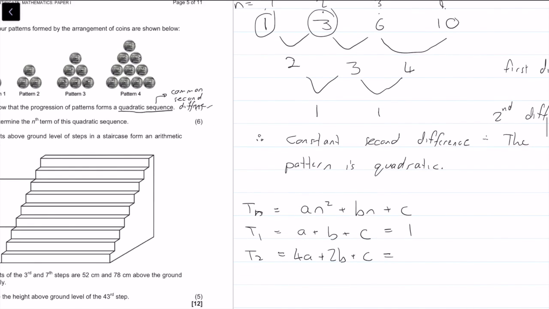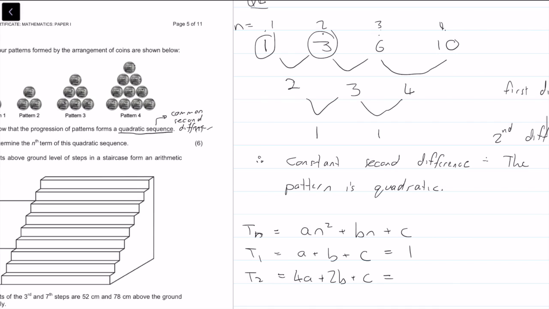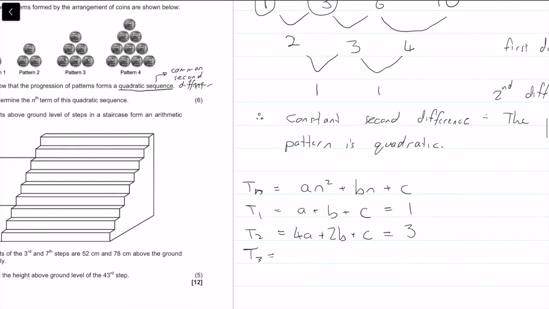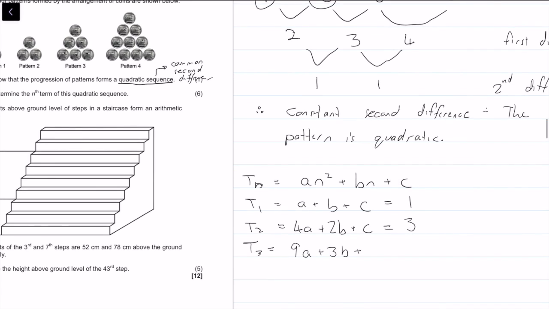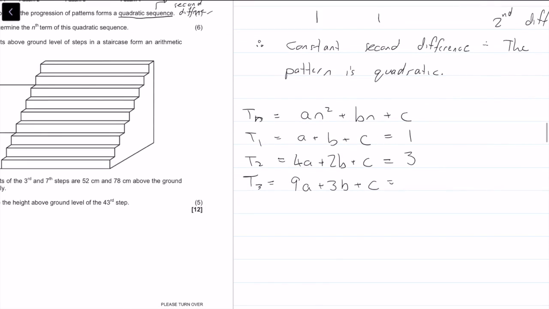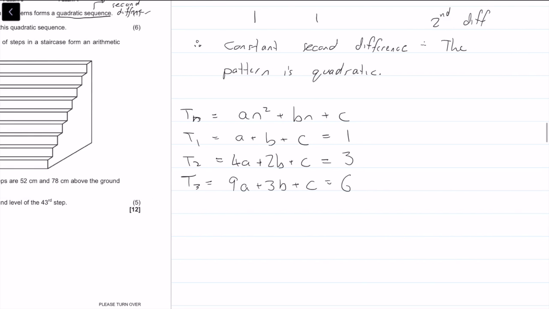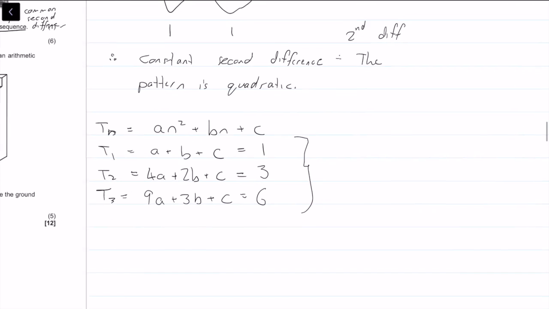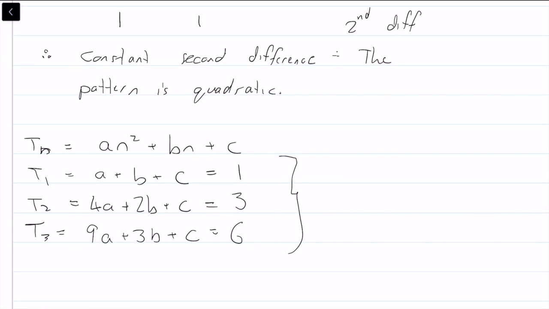So we can replace that with 3. And then lastly T3: we replace n with 3, so that's 9a plus 3b plus c is equal to the third term, which is 6. We can stop at that point because we only have 3 unknowns, so we have 3 equations and 3 unknowns.